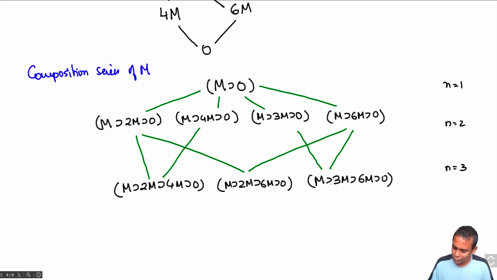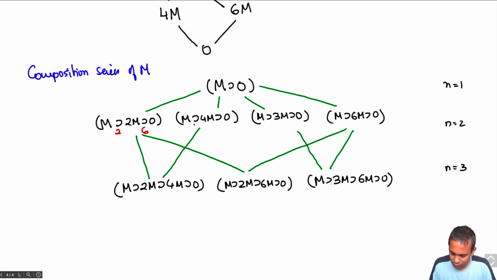Now just for fun, let's also write down the sub-quotients here, the quotients of this. I'll just write down the size of the sub-quotients. They're all cyclic groups, so there's no ambiguity there. And 2M is of order 6, so this here is 6.